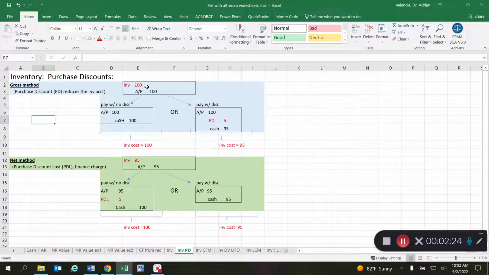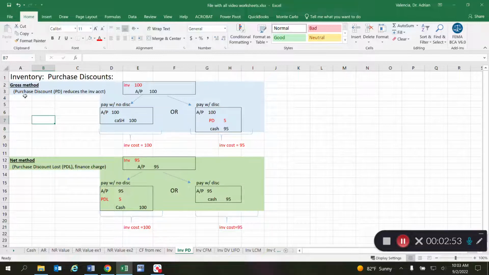Now, if we get a $5 discount, we have to keep in mind that this inventory item that we initially recorded at $100 will be overstated because of the fact that we got a $5 discount. So the mechanism that we're going to use to reduce this overstatement of inventory is through the use of the purchase discount account. Notice how I say here that it reduces the inventory account.